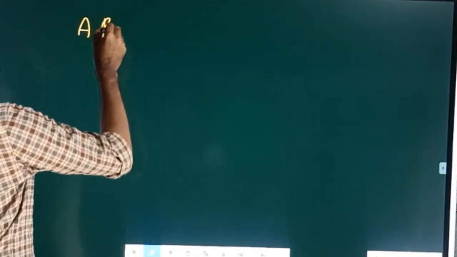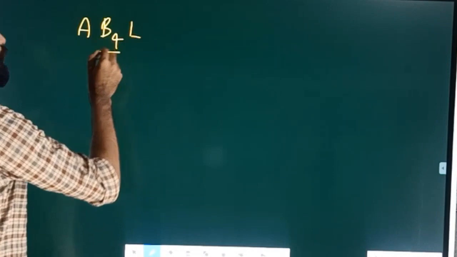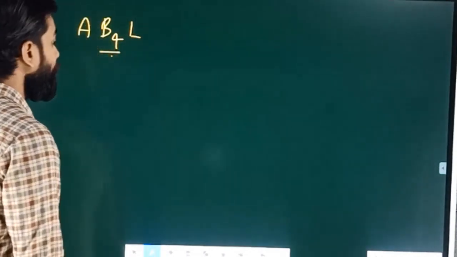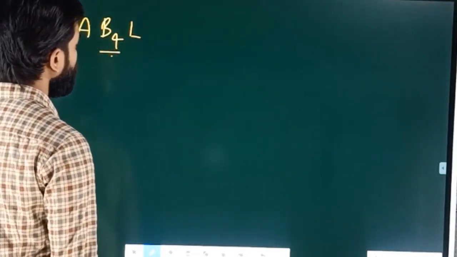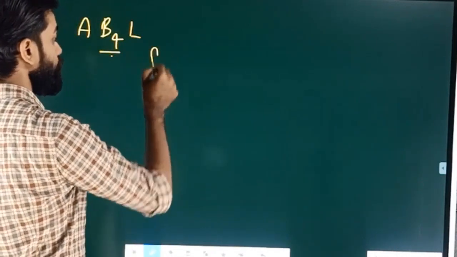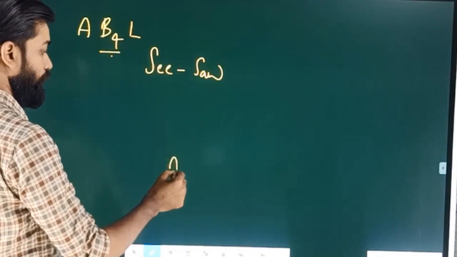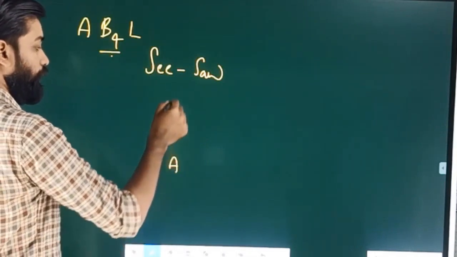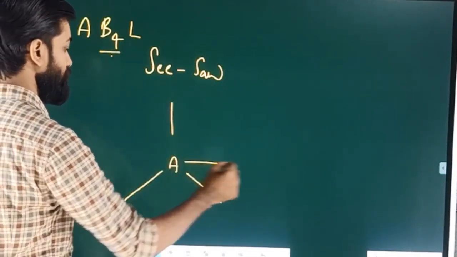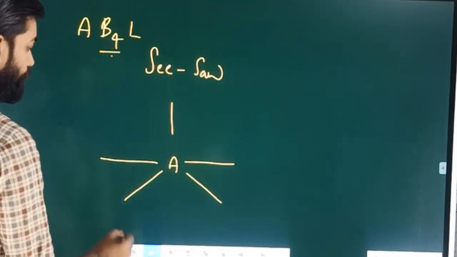So keep that point. Keeping that point, let me draw the next structure, AB4L. AB4L, the shape is called seesaw. So A is here, and we know this is the geometry.